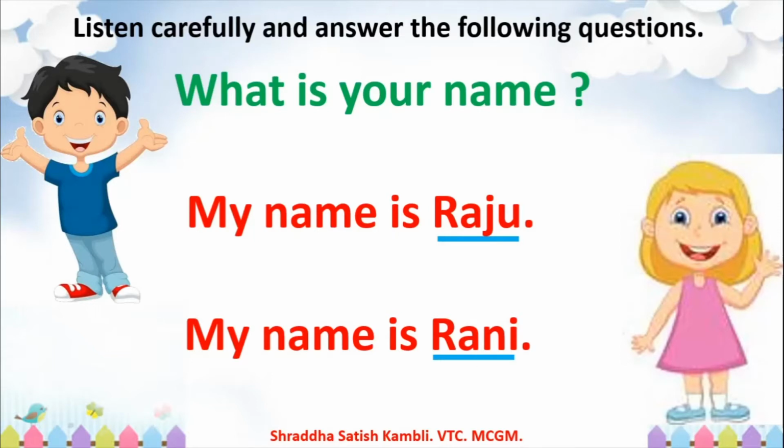My name is Rani. So see, Raju and Rani. These are the words which tell us the name of this boy and this girl. So they are called as naming words. So which are the two naming words on this page? Raju and Rani. Okay, so we are going to see many such questions like this and we are going to come up with many naming words.